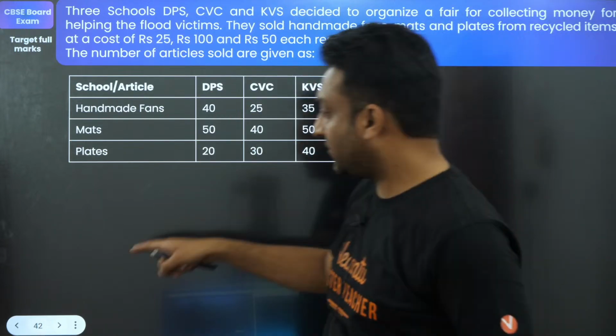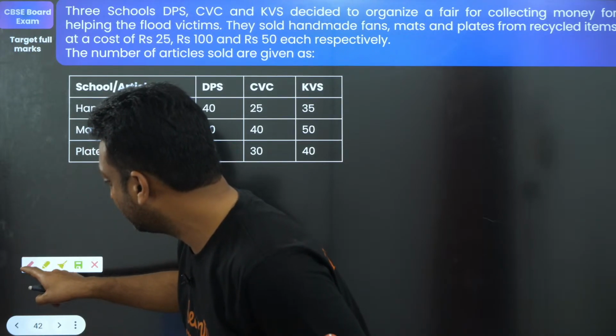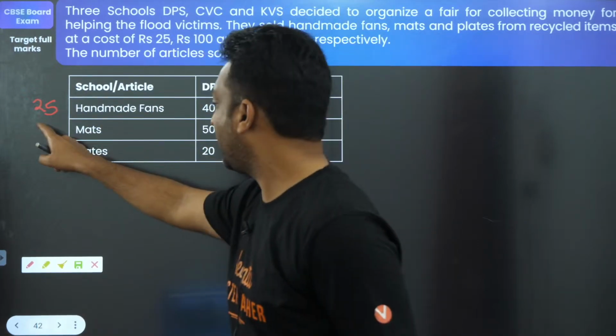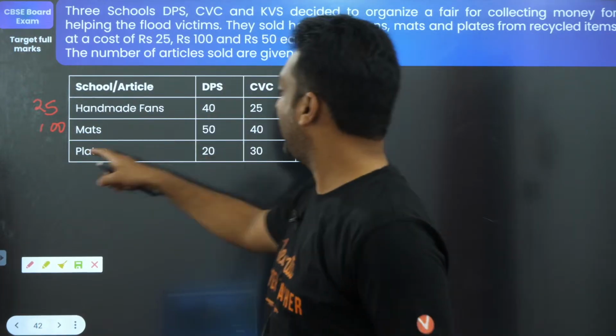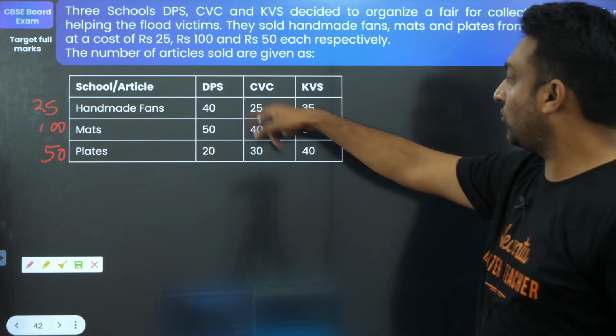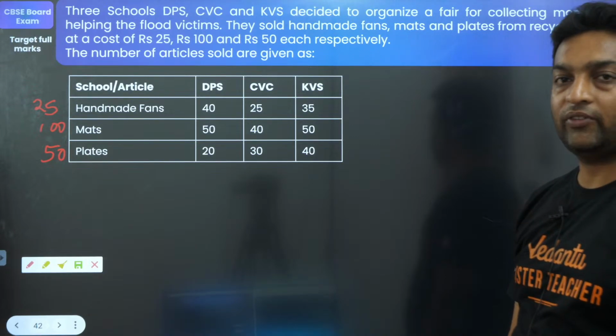The cost of fans is 25, mats is 100, plates is 50. The number of articles sold is given like this.